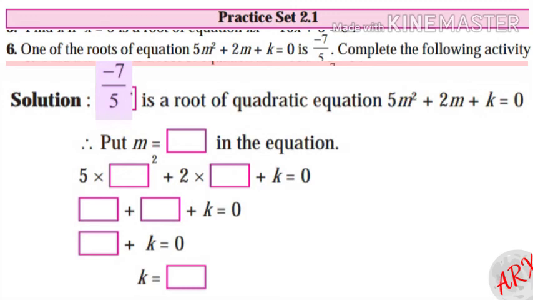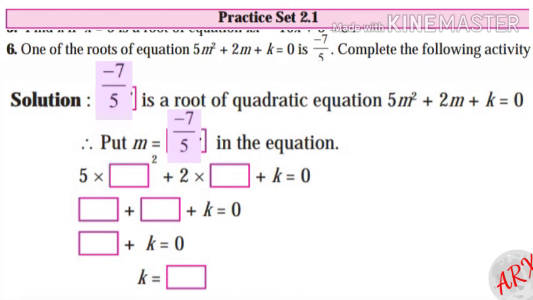Hence put m equal to minus 7 upon 5 in the equation. Multiply 5 multiply by minus 7 upon 5 square plus 2 into minus 7 upon 5 plus k equal to 0. Now 5 into minus 7 upon 5 bracket square will be 5 into 49 upon 25.